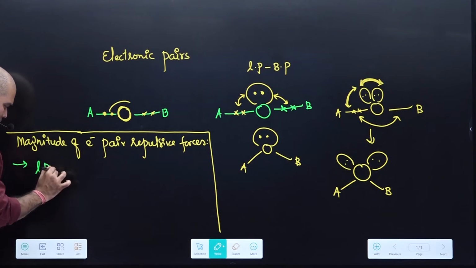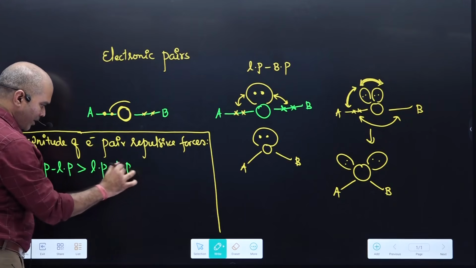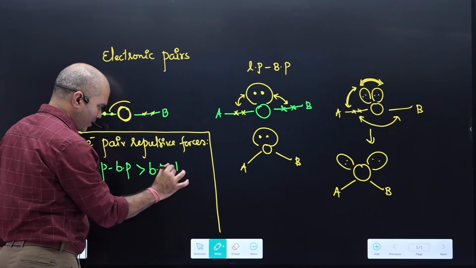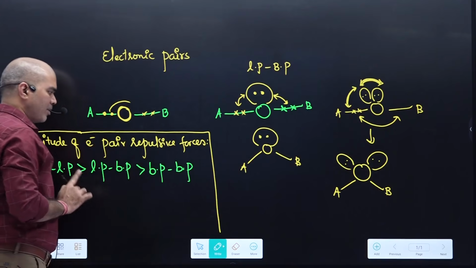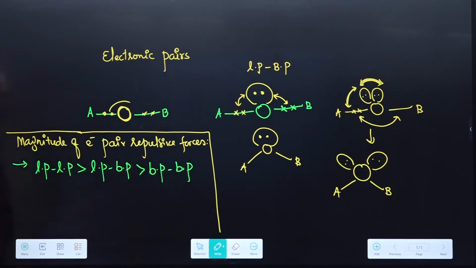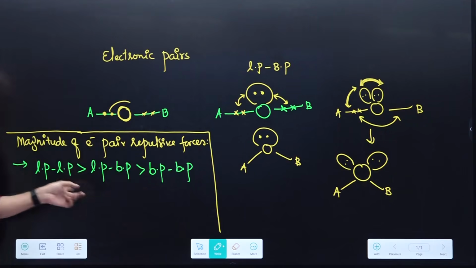Lone pair repulsive forces will be greater than lone pair bond pair repulsive forces, which will be greater than bond pair repulsions, which are the least. Okay, take down this sequence. It is just for this that I have explained all those things. This is important for you. Magnitude of electron pair repulsive forces.